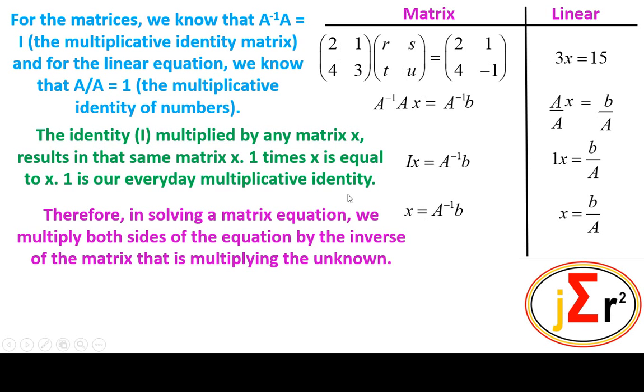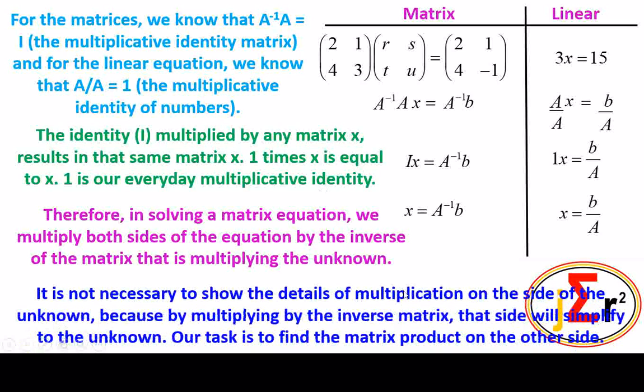By so doing, the left-hand side will simplify just to the matrix of unknown, and our job is just to multiply the right side of the equation by the inverse of the matrix. Now this side will just simplify to X. That is not a headache.